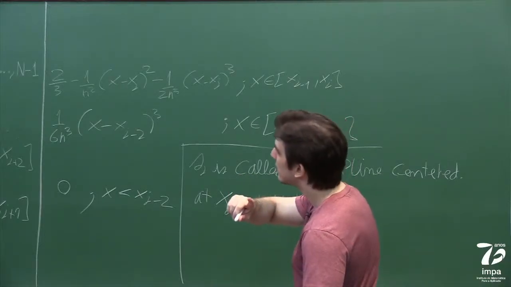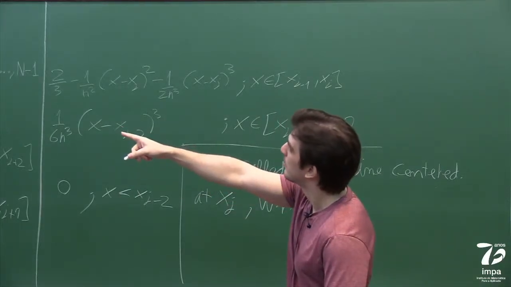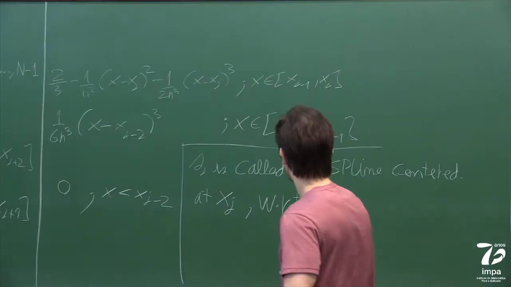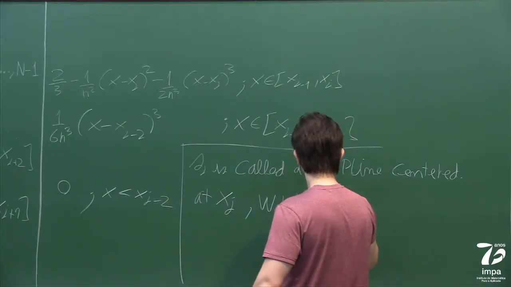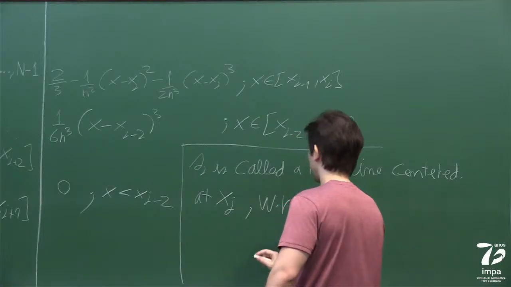Where is delta? Right there: delta is the uniform partition of [a, b].